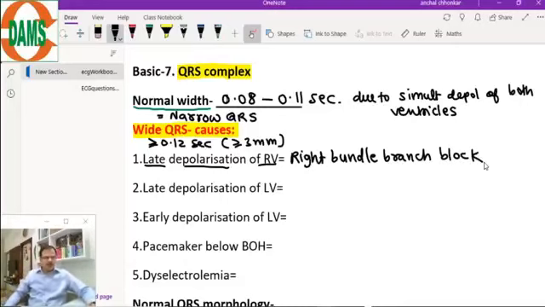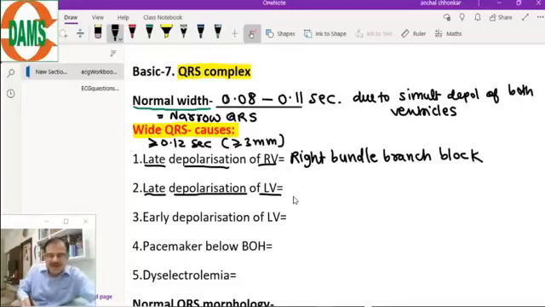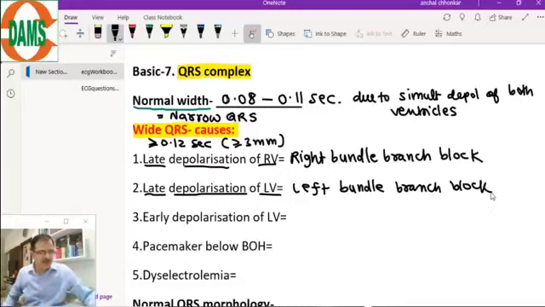Now, second, late depolarization of the left ventricle. Late depolarization of the left ventricle, it is left bundle branch block.